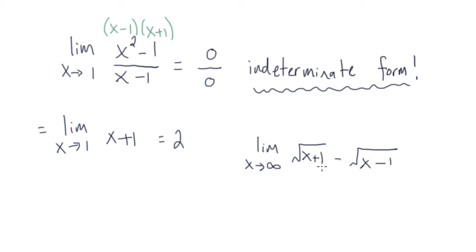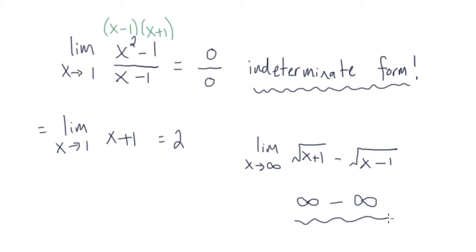If we just try to take the limit of each one of these functions individually and then subtract them, we get something going to infinity, and then we're subtracting something else that's going to infinity. That's also an indeterminate form. So indeterminate forms are, more or less, things that just don't make sense.